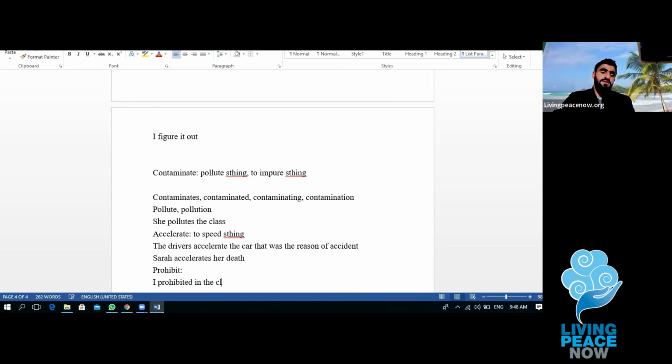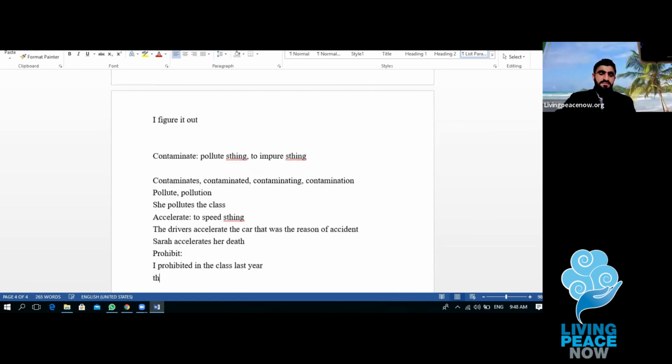For example, smoking is prohibited in the class. Smoking is prohibited in the class.